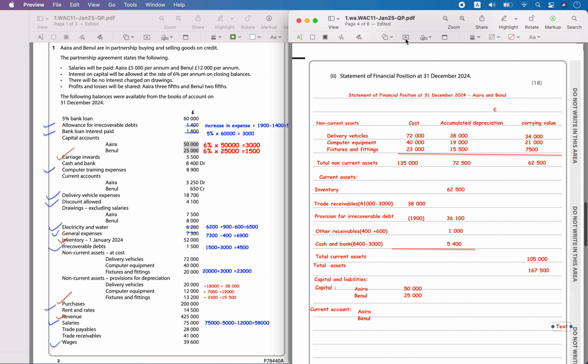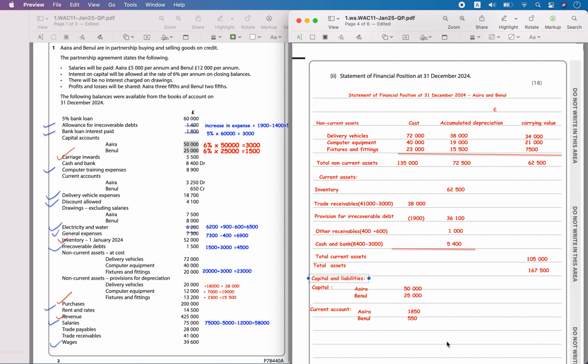Okay, so let's write that. This was solved in the previous question. So you take the ending balances of the capital account and the ending balances of the current account.